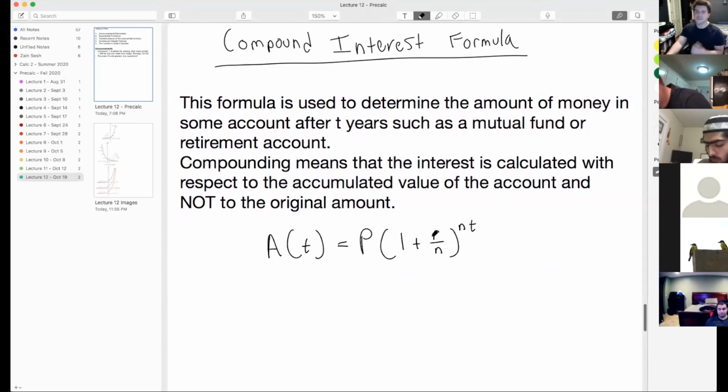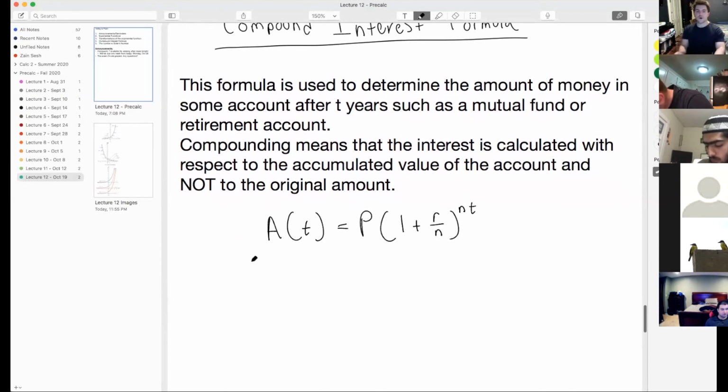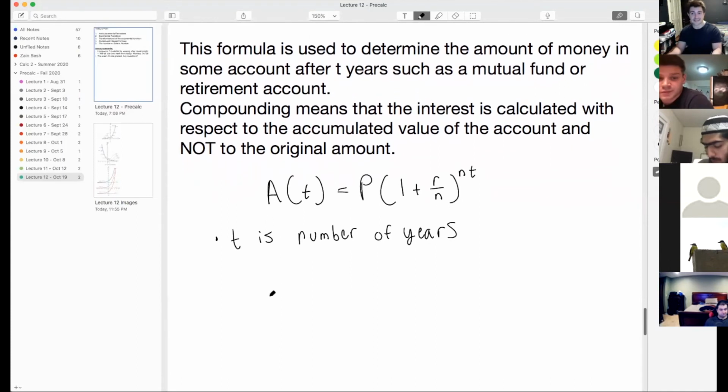And of course I have to tell you what these letters mean. Firstly, we need to talk about the input of the function. The input is t. So what is t? t is the number of years. Okay, that's the input.